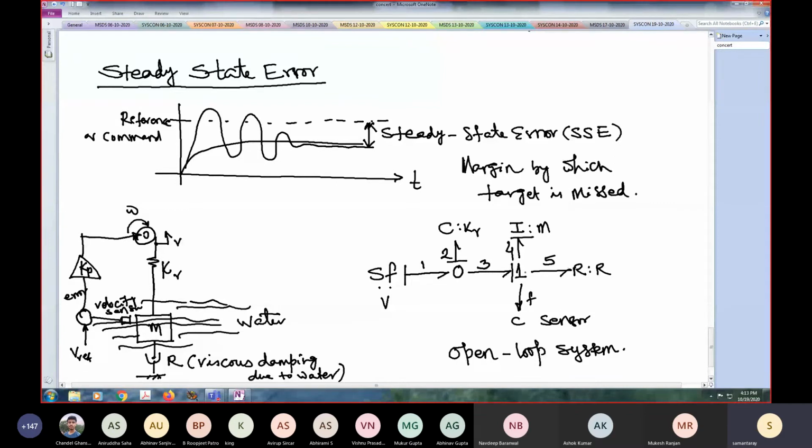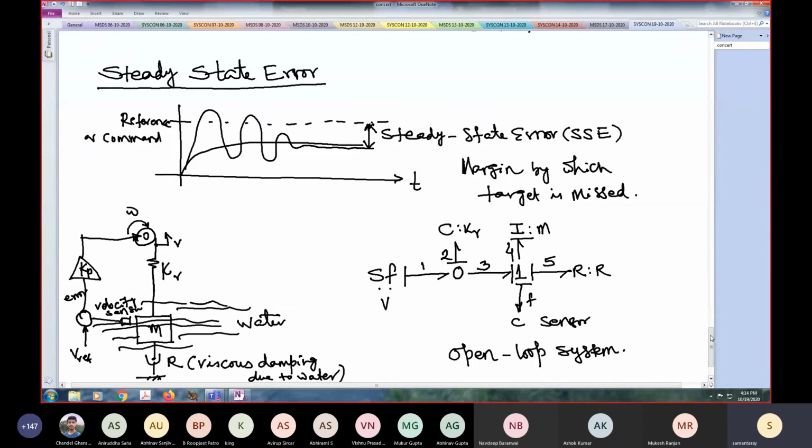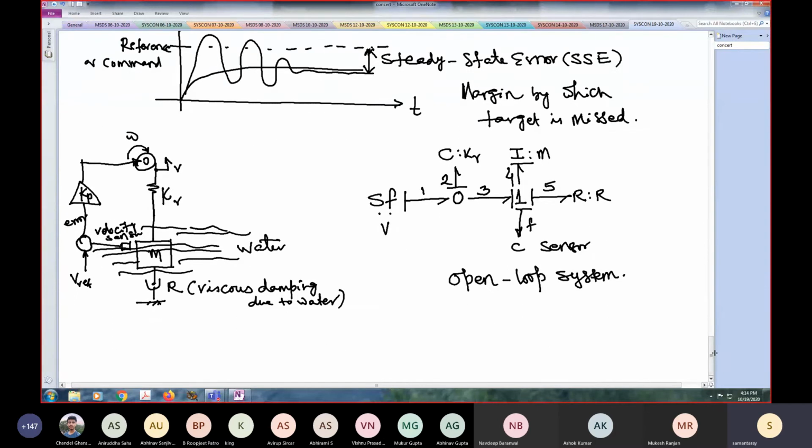This will come here. This will come here. So we will derive the transfer function from this: the top point, the velocity at which the rope is being pulled, to the velocity of the mass which is measured. So from input to the output.